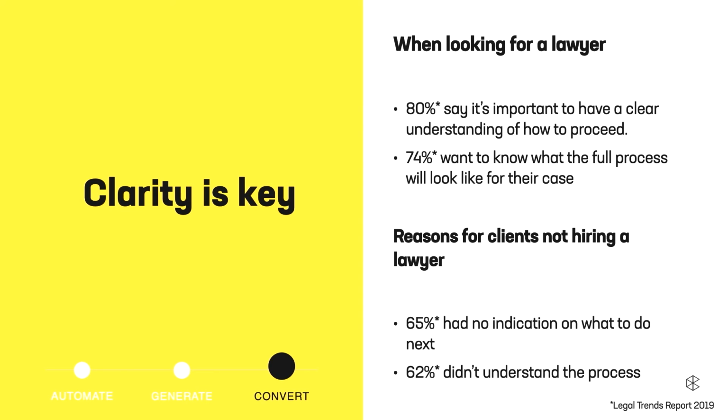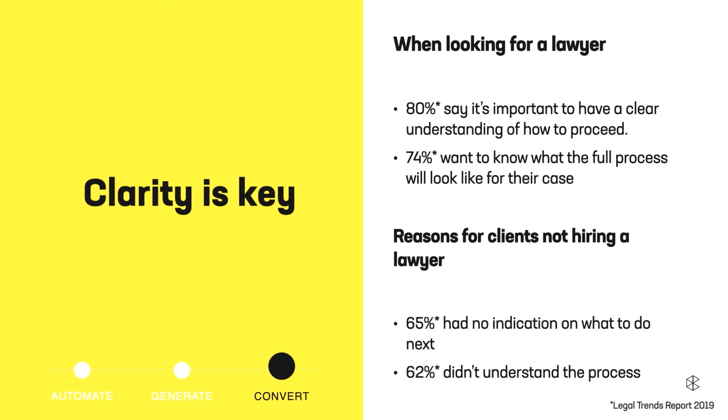And we talked about improving engagement through texting, but one thing that really helps converting a lead is clarity. I mean, speaking from the clothing brand, when I go to a store, I just want to understand the full process, what the refund process is like, right? And for a legal matter, it's extremely important.